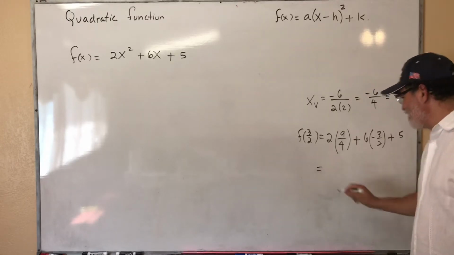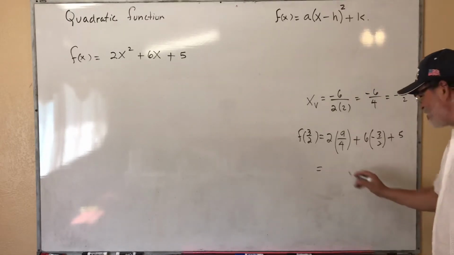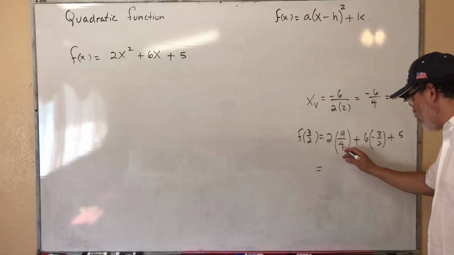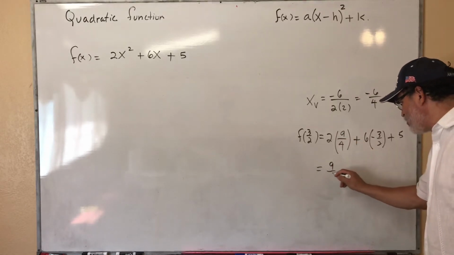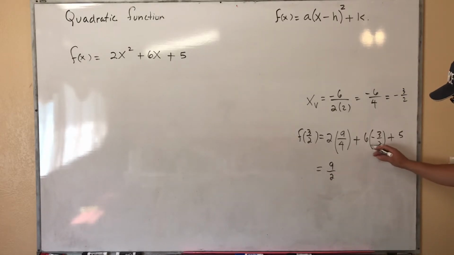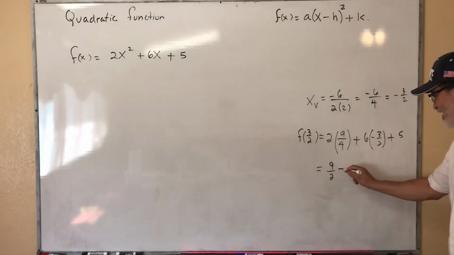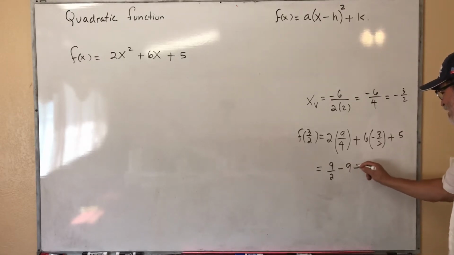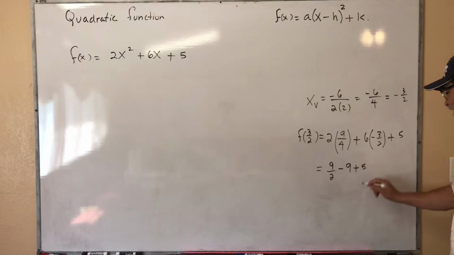Simplify this. The 2 goes into 4 twice, so this is 9 over 2. The 2 goes into the 6 3 times, and 3 times negative 3 is minus 9 plus 5.